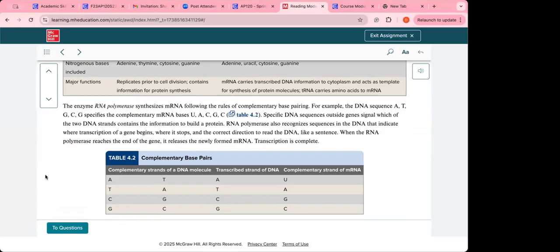When RNA polymerase reaches... so the enzyme RNA polymerase synthesizes messenger RNA following the rules of complementary base pairing.